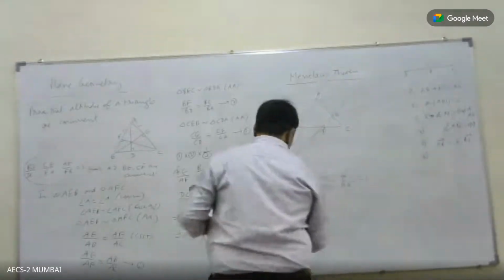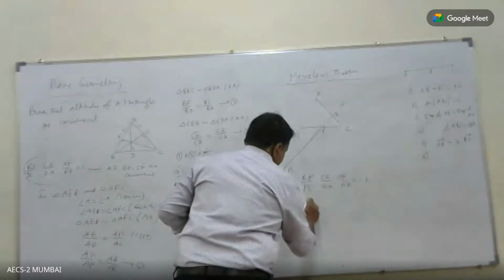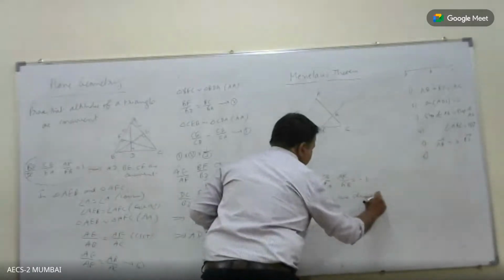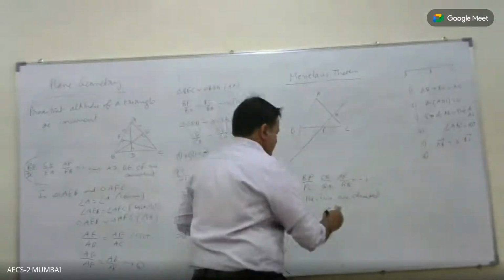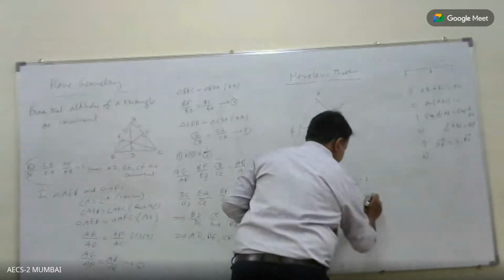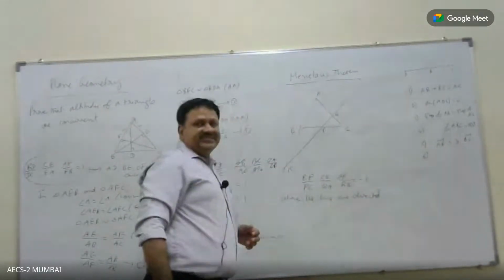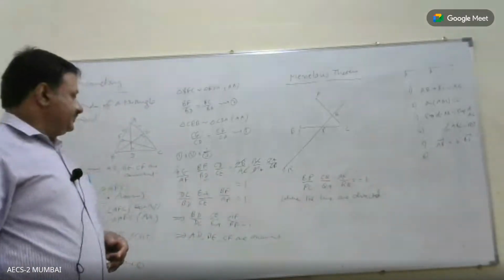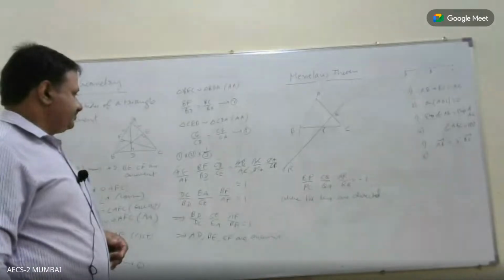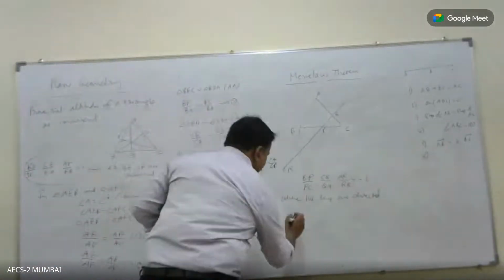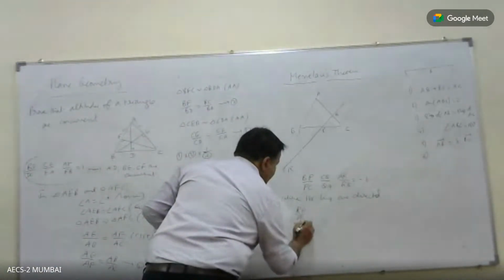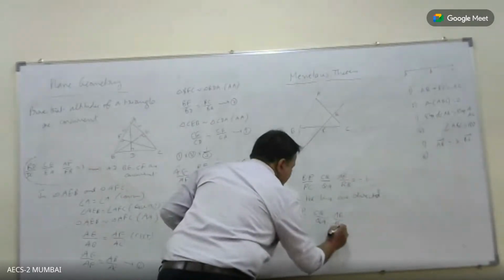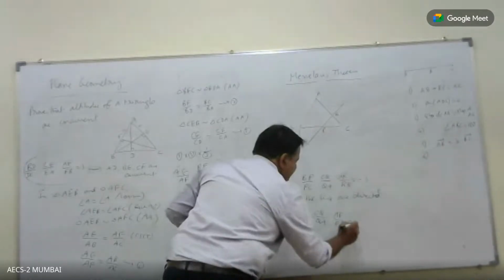So, where the lines are directed. If I write BP by PC, CQ by QA, AR by BR, I can say what?